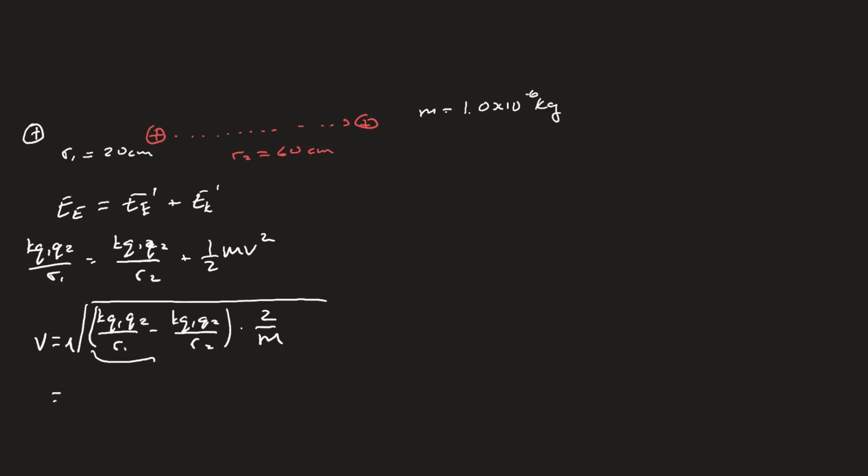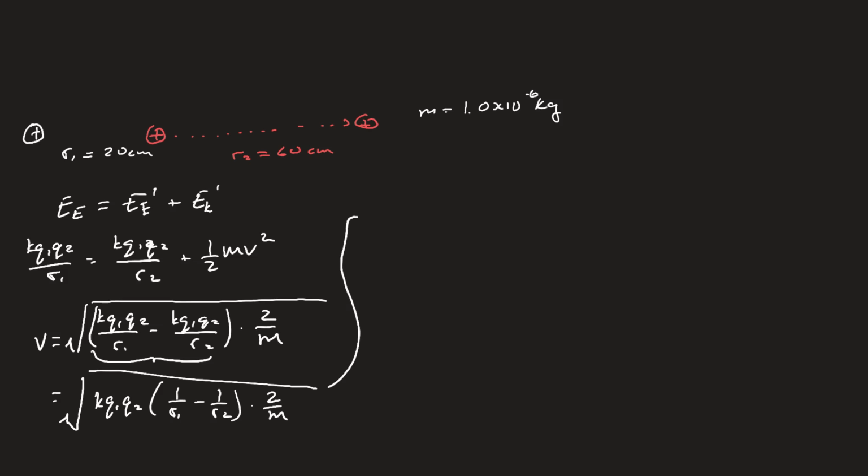I can, of course, take this part and rewrite it as K Q1 Q2 times 1 over R1 minus 1 over R2, all of this multiplied by 2 over M. Either way is fine, it just depends on how much substitution you want to do.